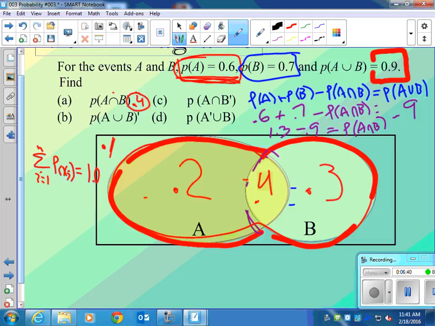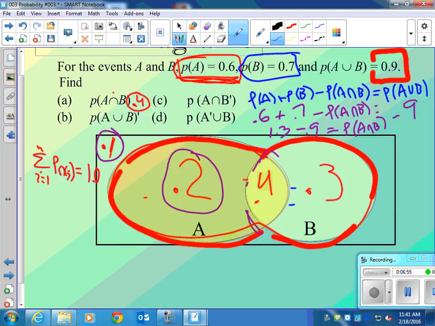Okay? Here, probability of A intersect not B. Yeah, well, not B is going to be 0.2, 0.1. That's what not B is.